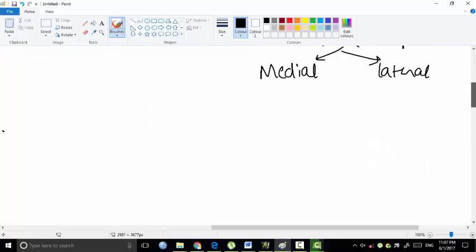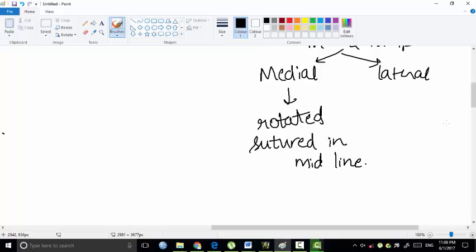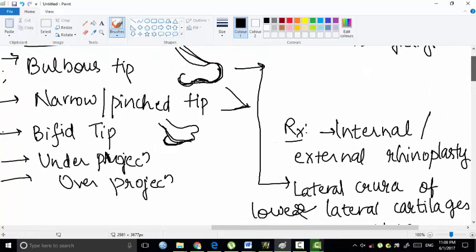First the medial strip is rotated, and then sutured in the midline, right? So this is done for the bulbous tip.